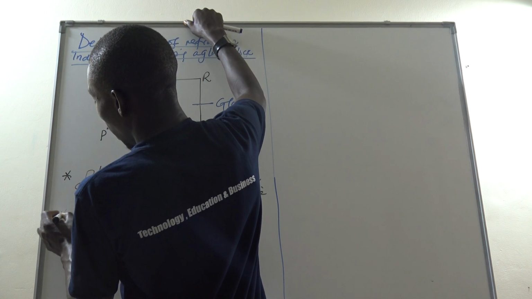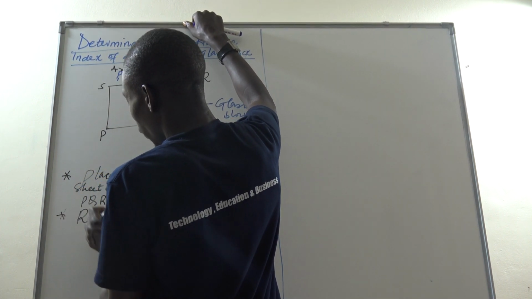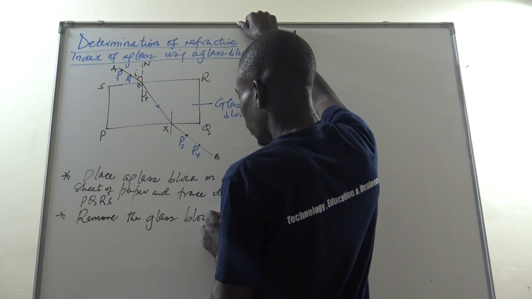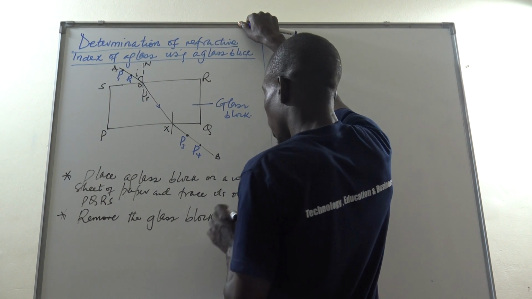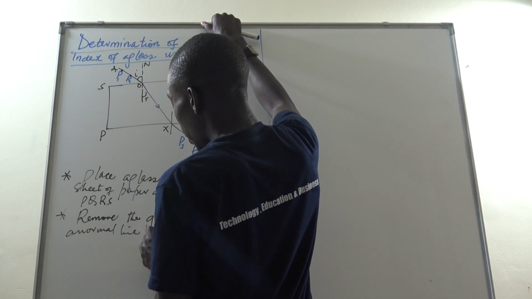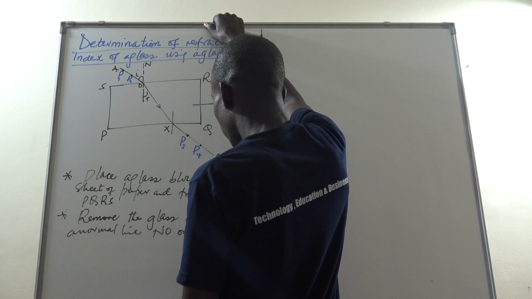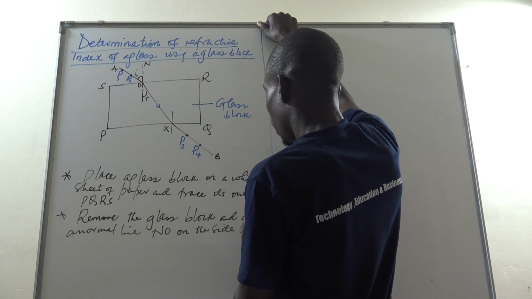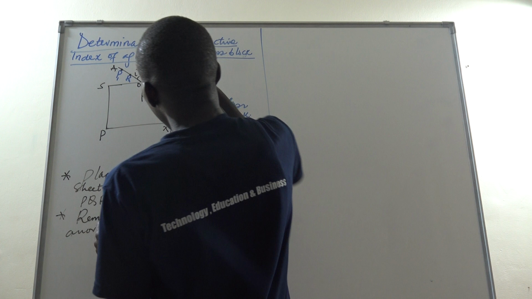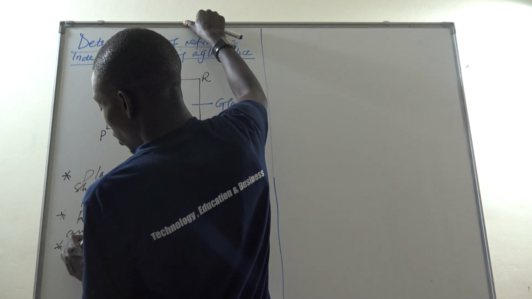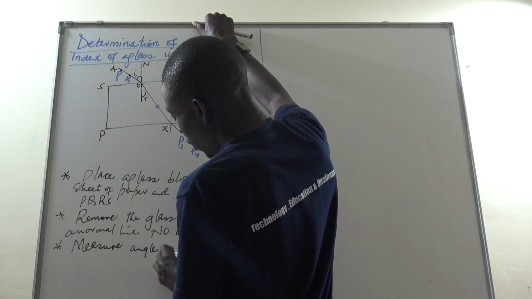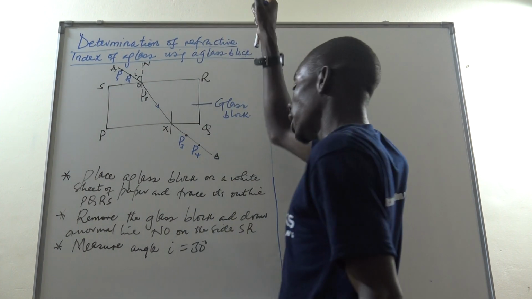After doing that, you remove the glass block and draw a normal line, NO, on the side SR. You will now draw a normal line on the side SR. And then after drawing that normal, measure angle I equaling to maybe still 30 degrees.